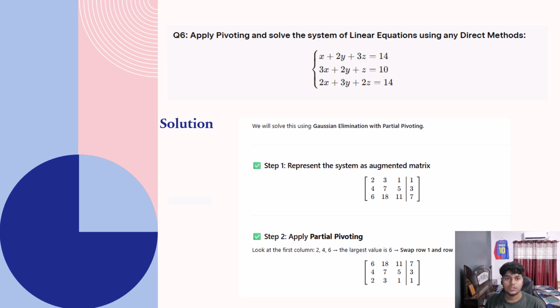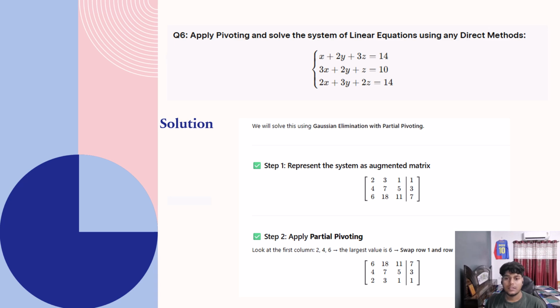Now coming to our next question, question number 6. Question number 6 asks us to solve the given system of linear equations using any direct method and apply pivoting. Let's use Gaussian elimination with partial pivoting.